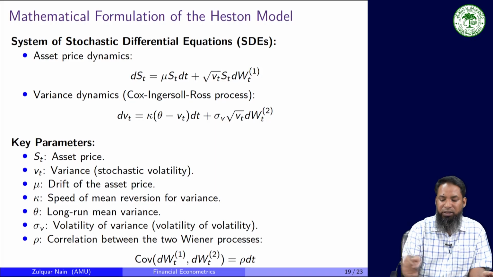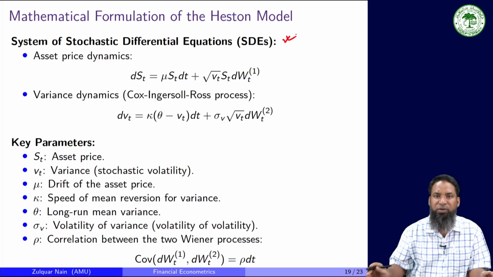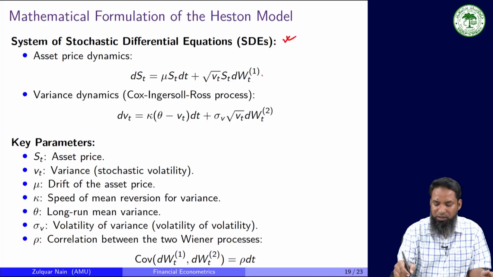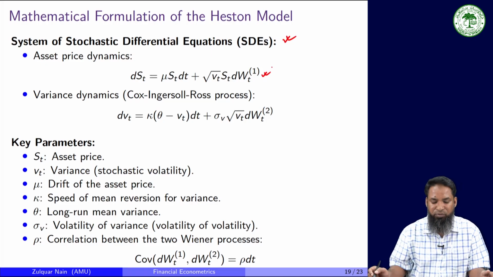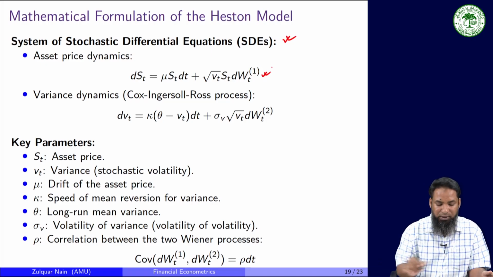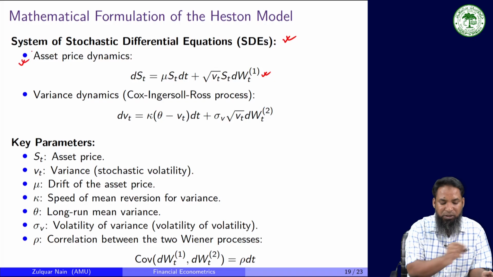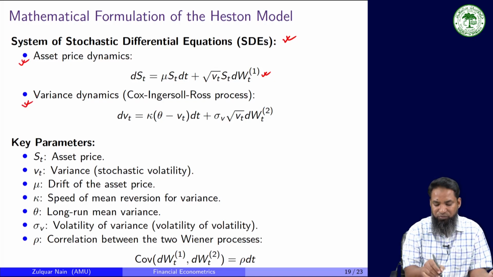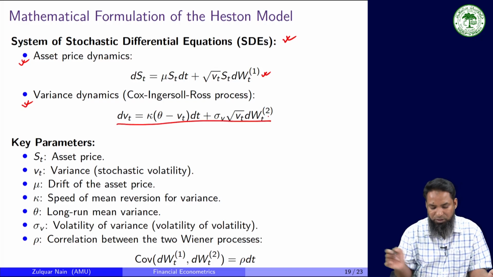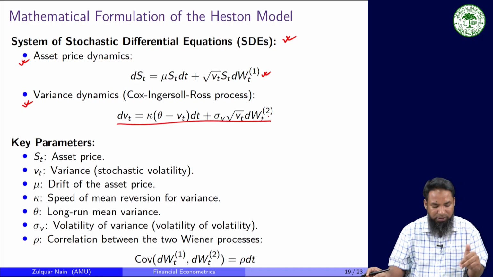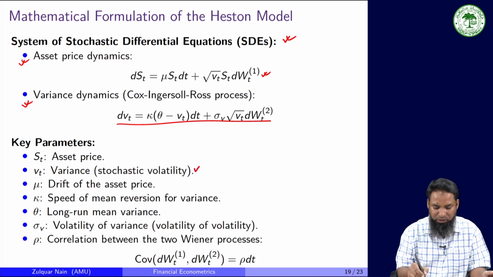So what is the structure we have? Again, it depends on a stochastic differential equation, the same structure as in the diffusion case. This is the asset price dynamics, that is the mean equation. Here we have the variance dynamics, where St is the asset price and Vt is the variance, that is the stochastic volatility.